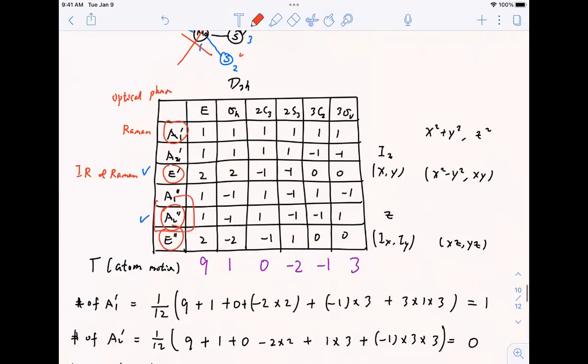So is this a Raman mode or an infrared mode? Okay, this will be infrared. What about E double prime, Raman or infrared? Yeah, this will be Raman. Is it okay? Gradually you're learning. I mean, it's not difficult. You just need to know the rules and practice.